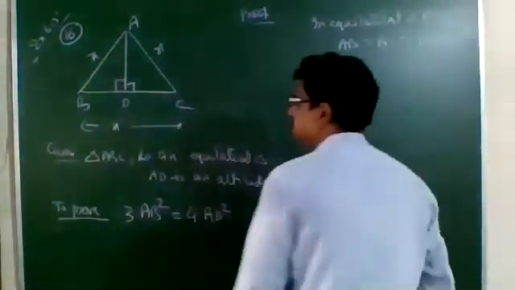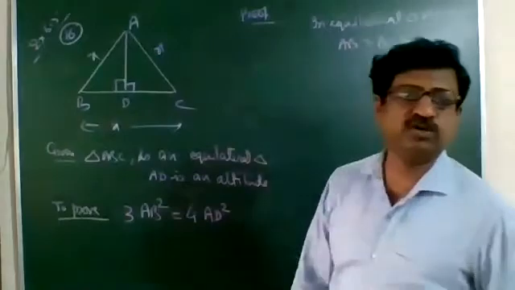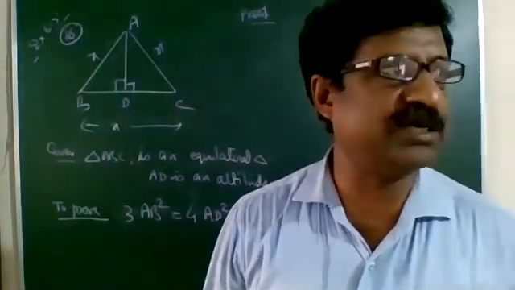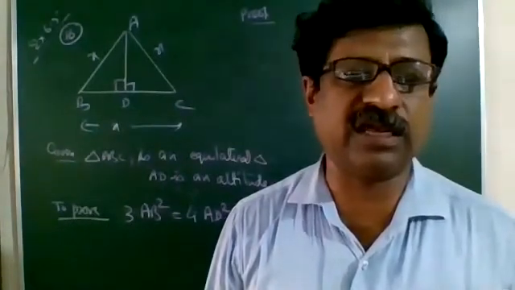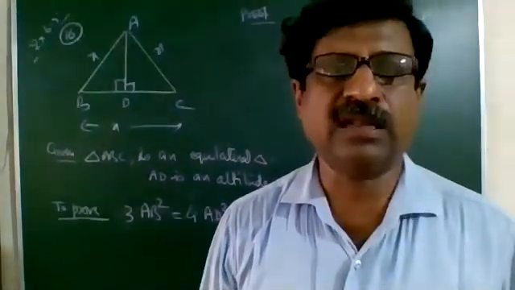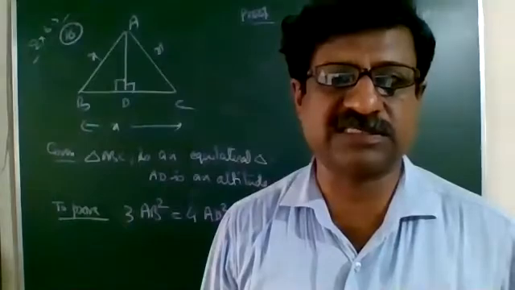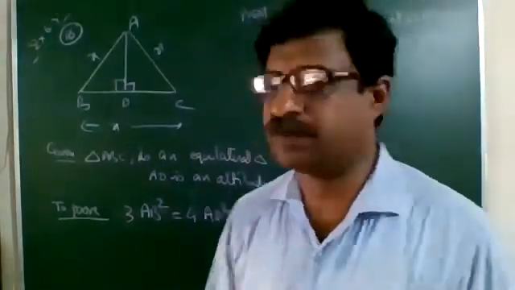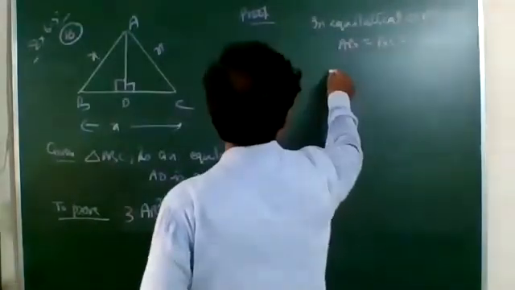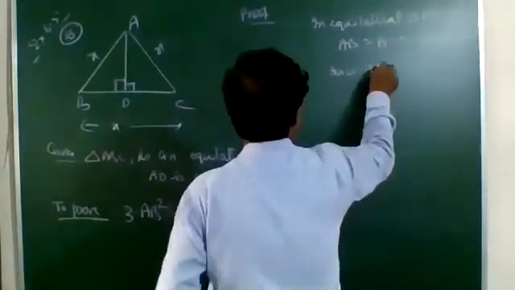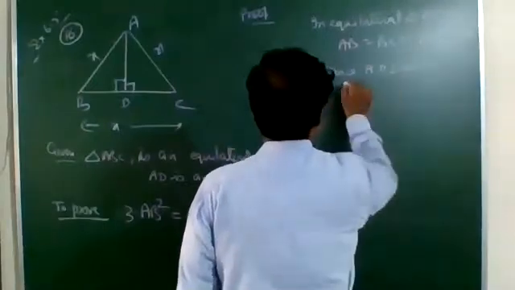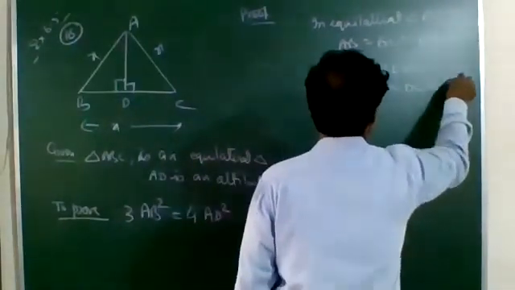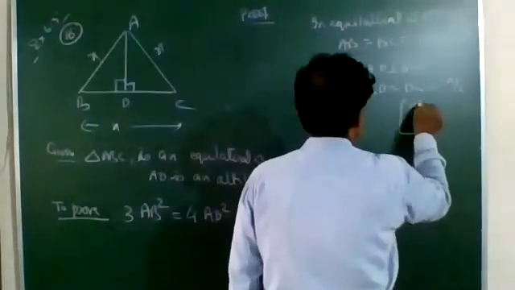Now this AD is the drawn altitude. Altitude means perpendicular. If AD is drawn perpendicular to BC, we have learned the property in an equilateral triangle: the altitude bisects the base. It divides the base into two equal parts, and here the two parts are BD and DC. Since AD is perpendicular to BC, BD and DC both are equal to x by 2.